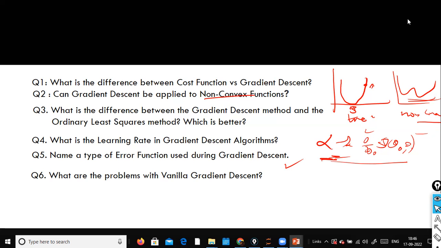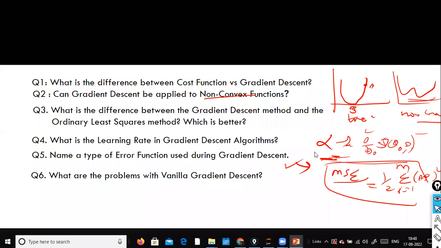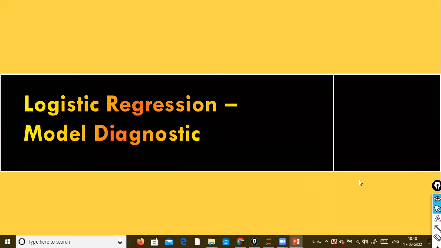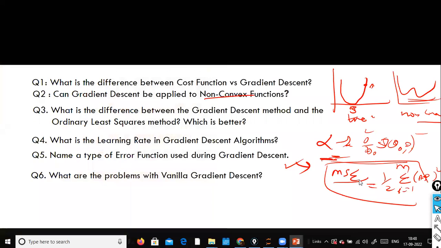The answer is mean squared error. We take the partial derivative of the mean squared error in order to get the gradient direction. That is very simple. Even two years back, we did not have any good document to understand gradient descent.